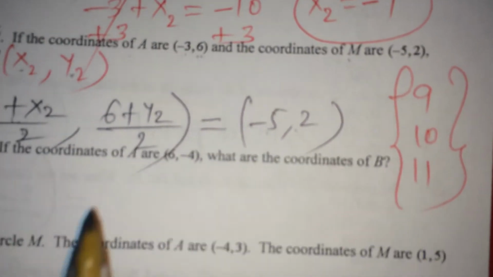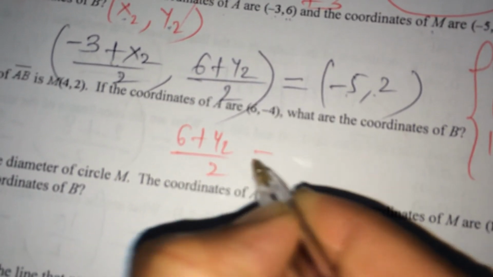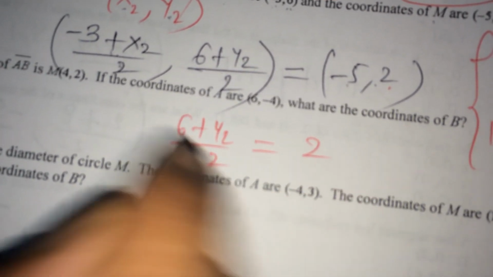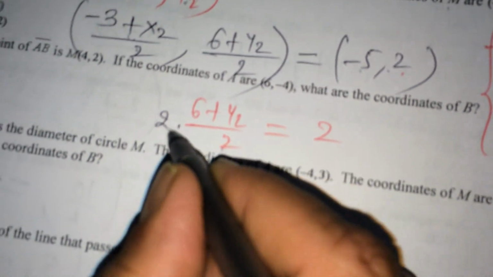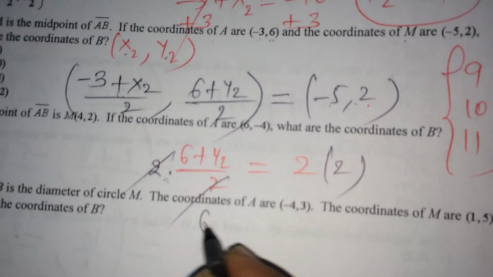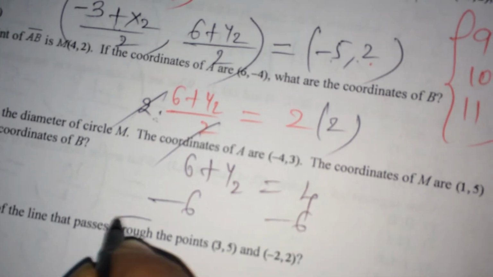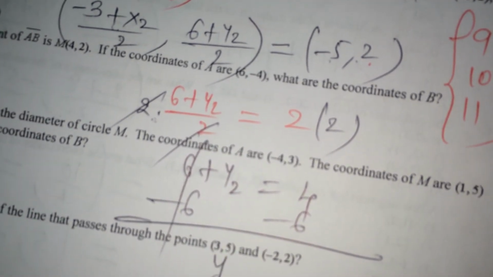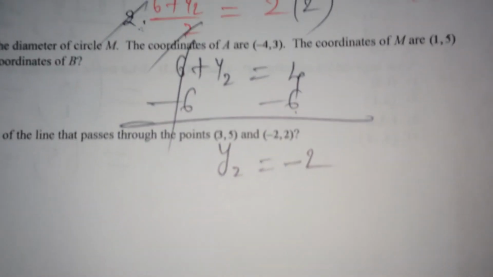And in the same way, 6 plus y2 over 2 is 2. So to cancel this 2, I am multiplying with 2 on the left side. Since I am multiplying the left side, I must do the right side also. So I am cancelling 2 and 2. I got 6 plus y2, which is 4, and I am subtracting 6. Thereby, I got y2 as 4 minus 6. My calculator gives me negative 2.